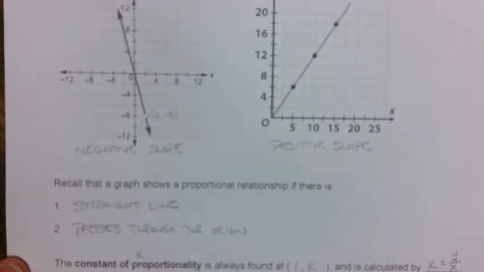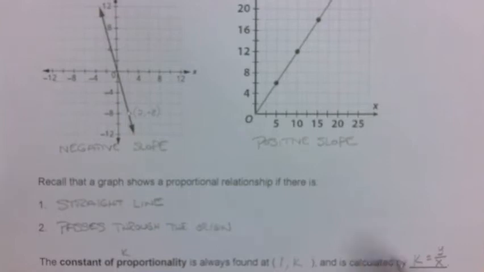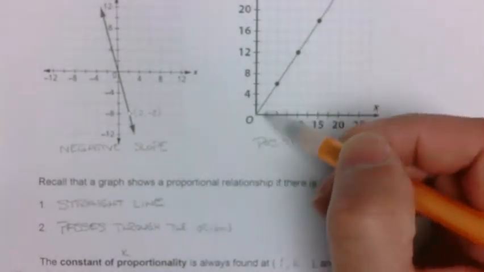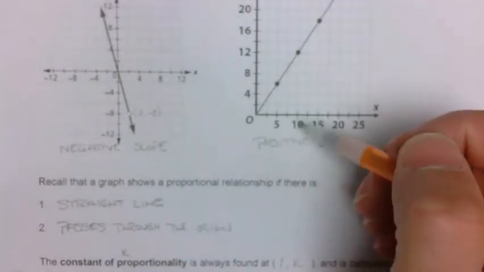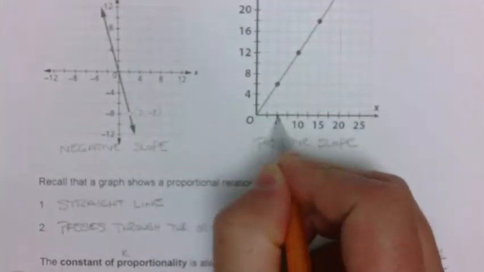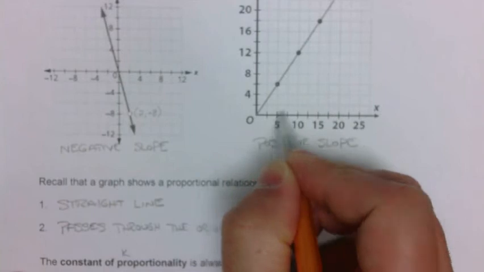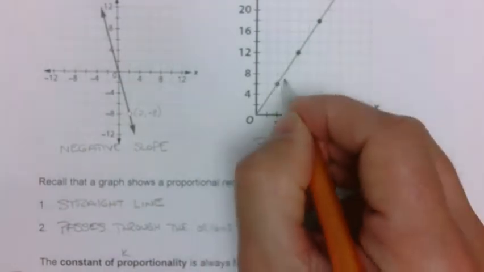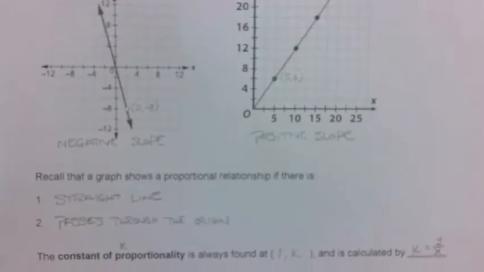All right. How about for the second graph? Same idea. We're going to find a point that this line goes through. They've actually plotted 3 of them for us. Let's use this first point right here. That is 5 in the x direction, 2, 4, 6 in the y direction, 5 comma 6. That line passes through.